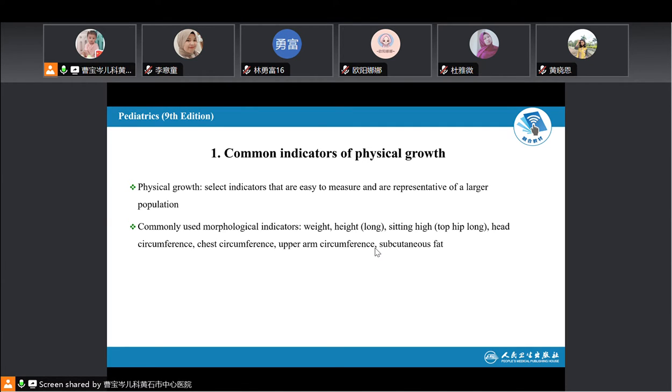Commonly used morphological indicators are weight, height, sitting height, crown-rump length, head circumference, chest circumference, upper arm circumference, and subcutaneous fat.